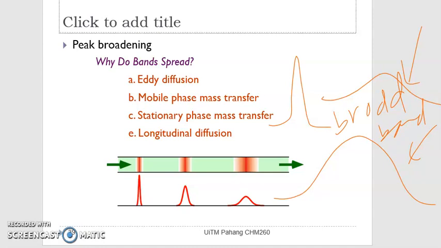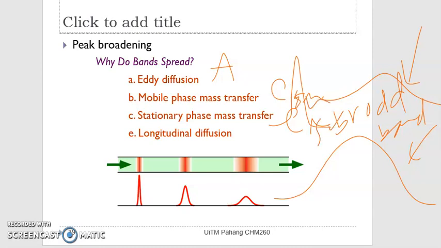Okay, there are a few factors. It may be caused by eddy diffusion, A factor. It may be caused by mobile phase mass transfer or stationary phase mass transfer. Ni CSM, stationary mobile phase, ataupun iaitu stationary phase lah, CSV.